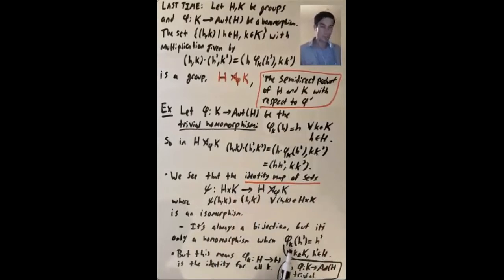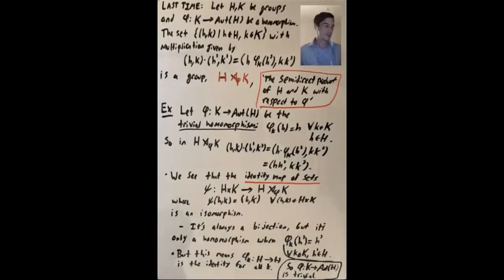If you fix one element, little k, it has to send every h' to itself. So every fixed phi_k has to be the identity map from H to H. But if you send every element k in the group to the identity automorphism on H, that is the definition of what it means for phi to be the trivial homomorphism.